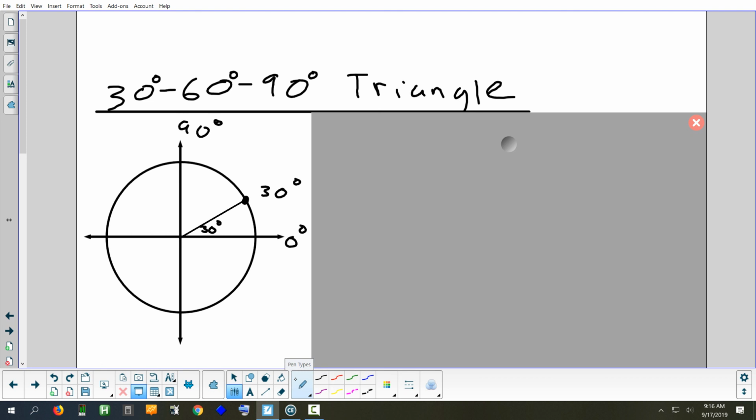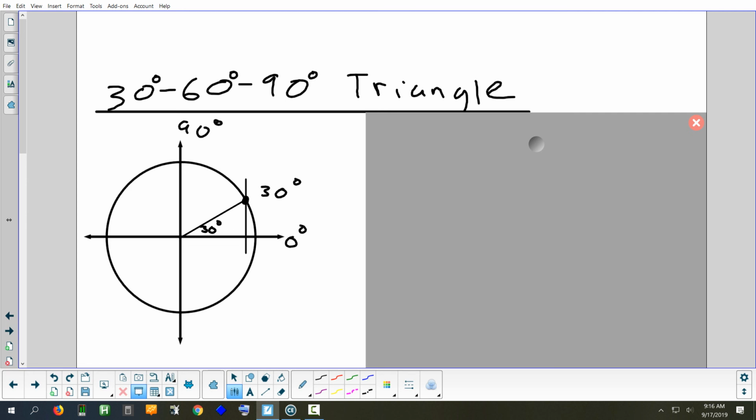Now, if I set this up like I did the last one, what shape am I going to make out of that? Yep, we're going to make a triangle again. So that's going to be longer than I need, but that's okay. What I did, I just put in a vertical line from 30 degrees straight down to the x-axis.